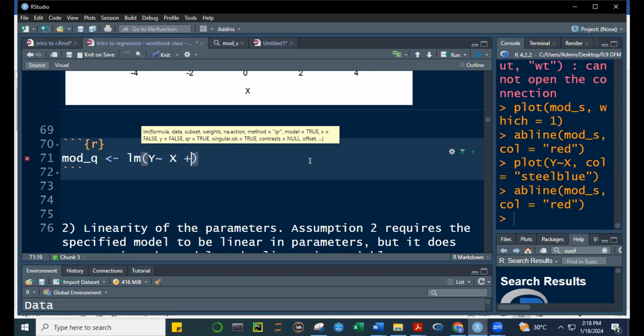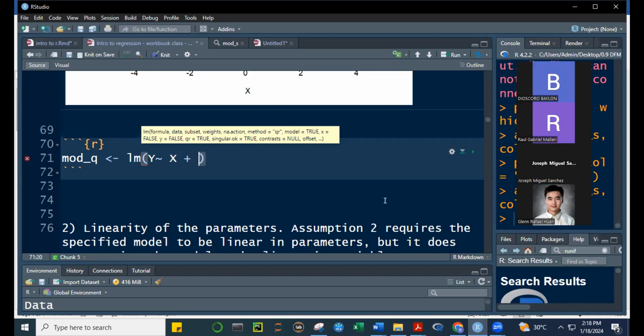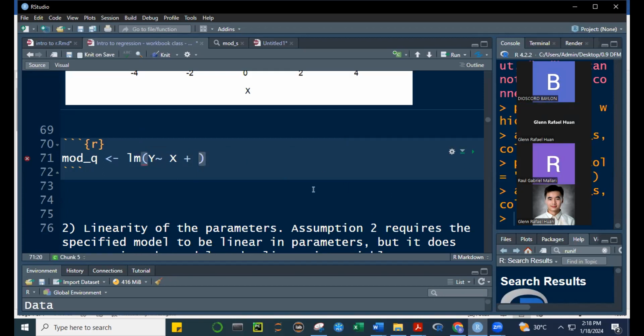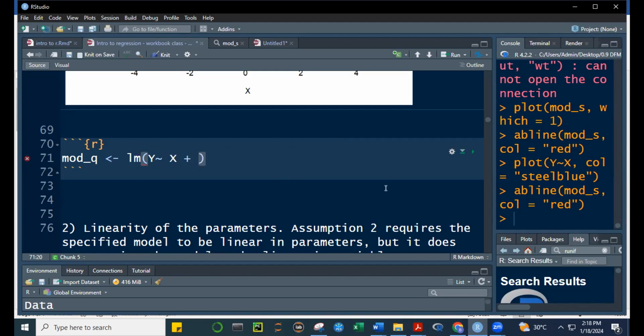Kasi quadratic, di ba? So dapat kasama si x squared. So how do you include x squared? Explain ko lang to later on, class. So I then x, big X, and then squared. Explain ko lang ano ibig sabihin itong interaction variable na to.